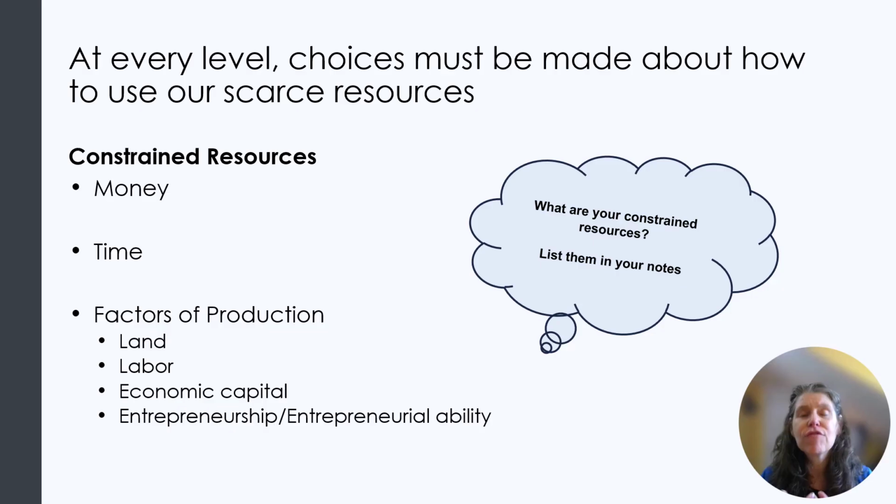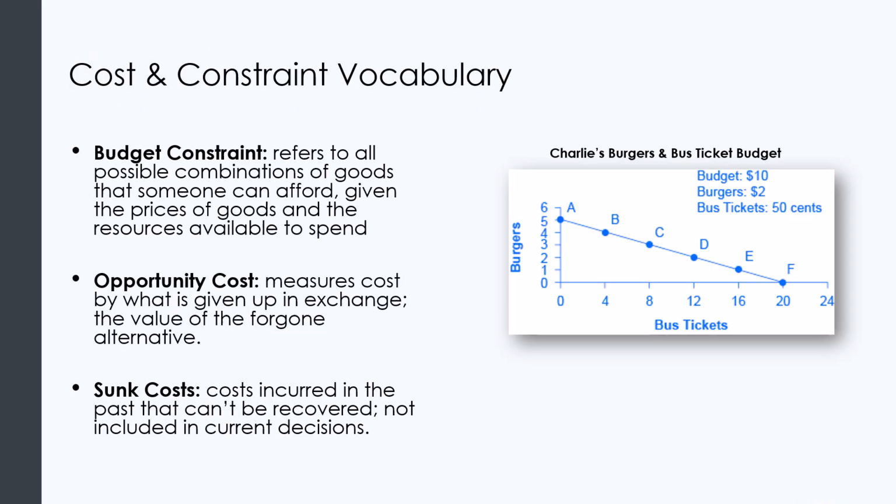We have constraints, and that means we have to make choices about how to use those constrained resources. So before you go to the next slide, I want you to think about your constrained resources right now. Let's pop a little micro in here and list those in your notes. Then let's see how we talk about constraint in these broad economic contexts.